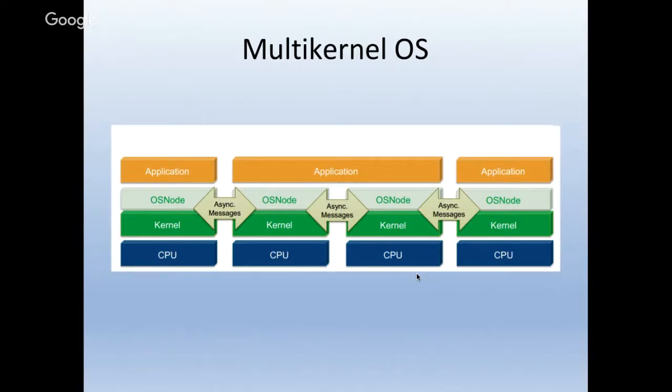Now, we have to run applications on top of that, and applications may share state between cores. Therefore, we replicate state between cores using asynchronous message passing. However, a multikernel model is not enough for dealing with dynamic cores, so we still need to deal with the OS node.